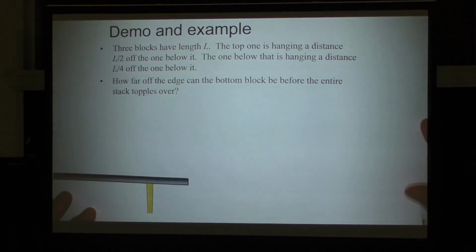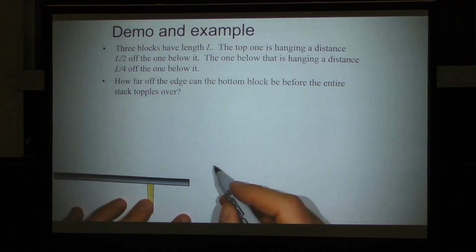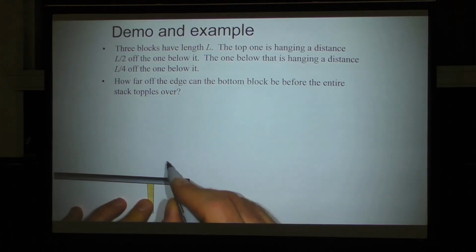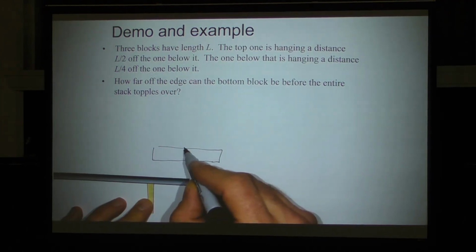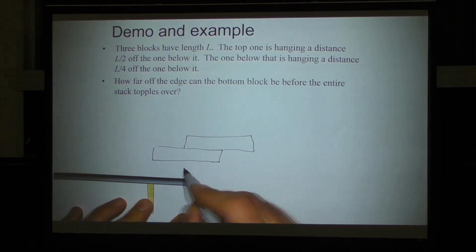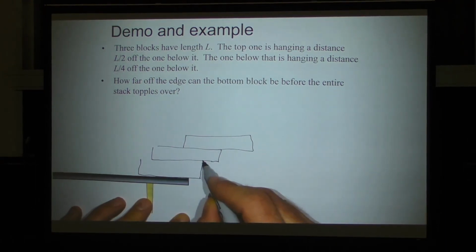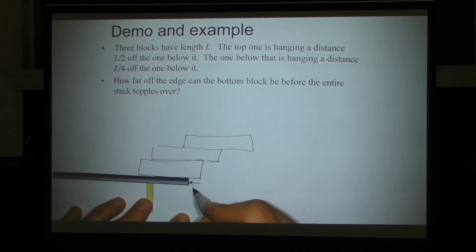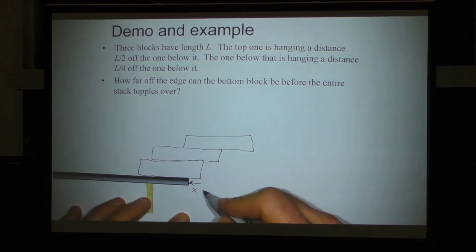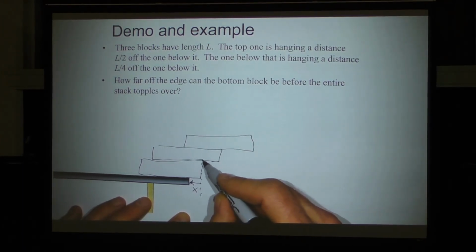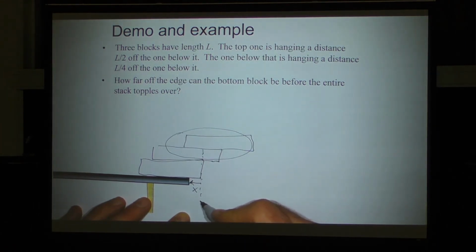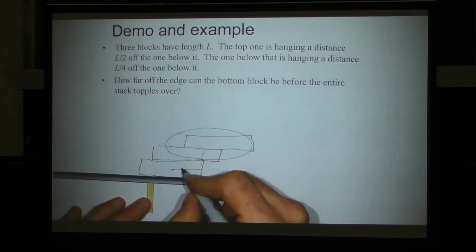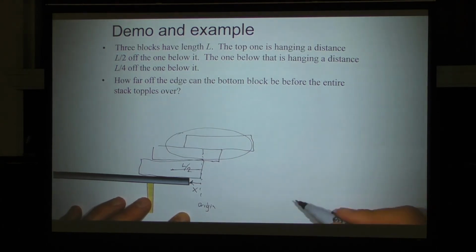3 blocks. Top one is hanging this distance, and here you use the result from the previous one. So this is again X, and I'm putting the center of mass of all these things directly above the origin, and then finding out how far this last one is, and this is L over 2.